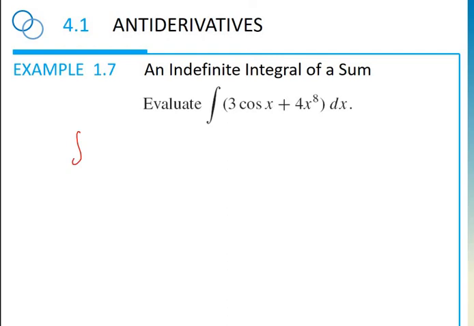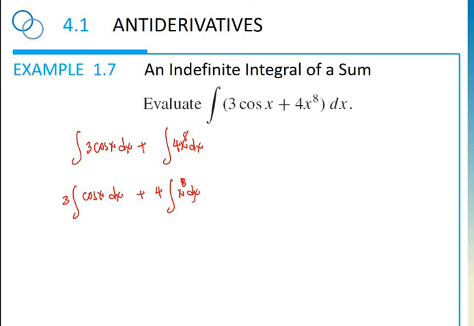One says 3 cosine of x dx, plus the other one says integral of 4x to the 8 dx. Now this one here, you can take the 3 outside. It's going to be 3 times the integral of cosine of x dx, plus here you can take the 4 out, 4 times the integral of x to the 8 dx.